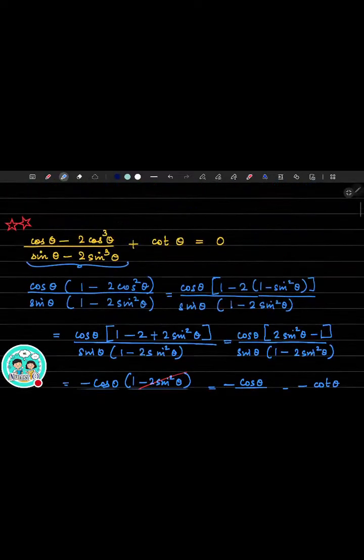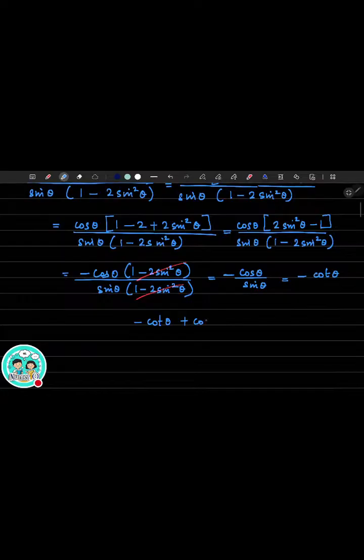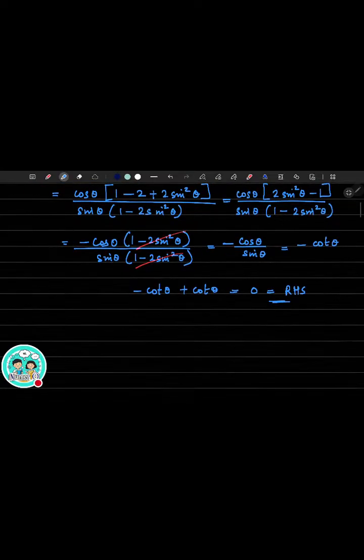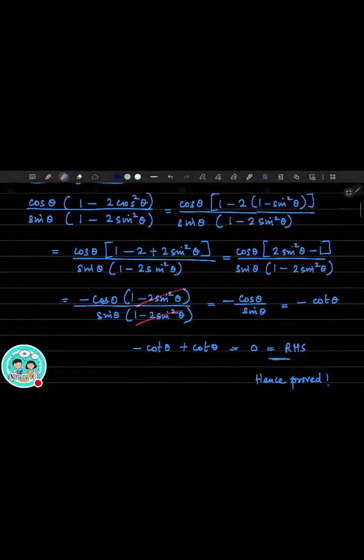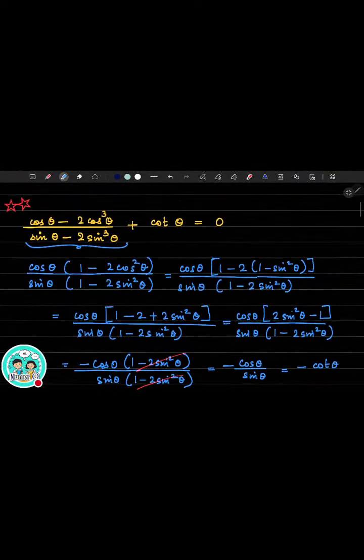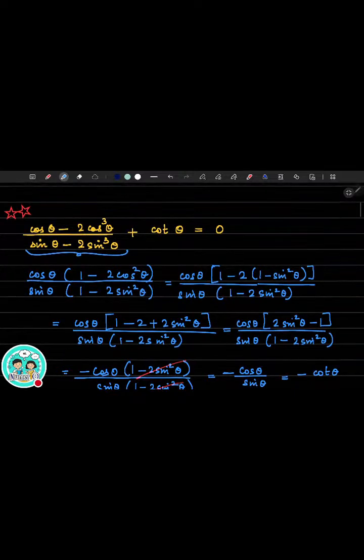There is already a plus cot theta here, which is equal to 0, which is equal to RHS. So based on what is given, you can just reframe the final answer and then write hence proved. Is this clear? This is quite an important question, it has been asked multiple times. Let me know if you understood.